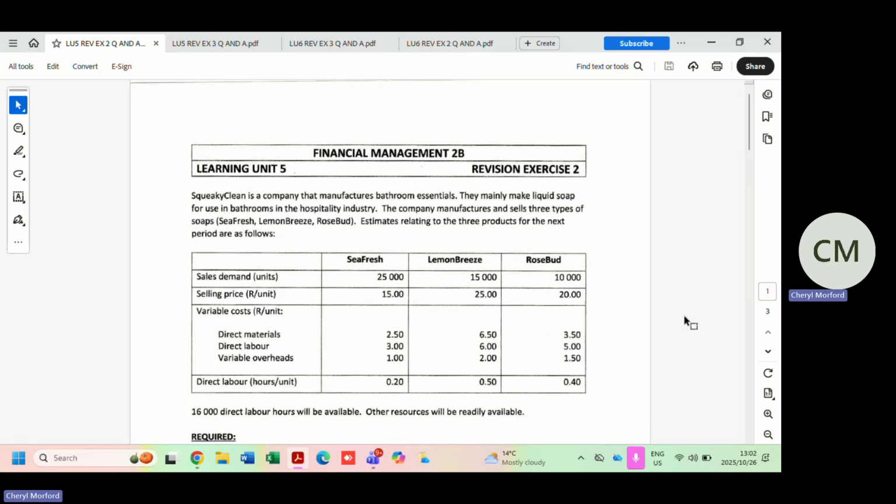So relevant costs consist of variable costs, which are avoidable. They must obviously be cash costs as well, and differential costs, as well as opportunity cost. Those are the categories of relevant cost.